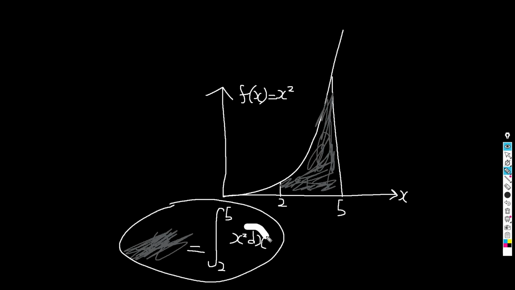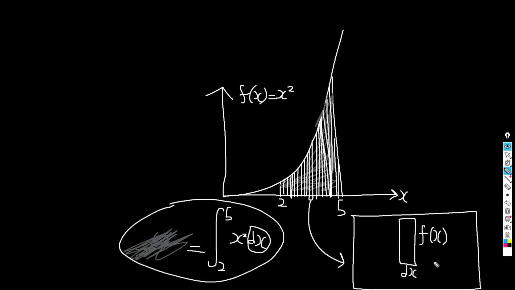And the reason we're multiplying x squared by dx here is because essentially all we do when we integrate is break up the area into a bunch of infinitesimally small rectangles, and then we're adding the areas of those rectangles all up. Here's a close-up of one of those rectangles, so the area here would be f of x, which is x squared here, times dx.